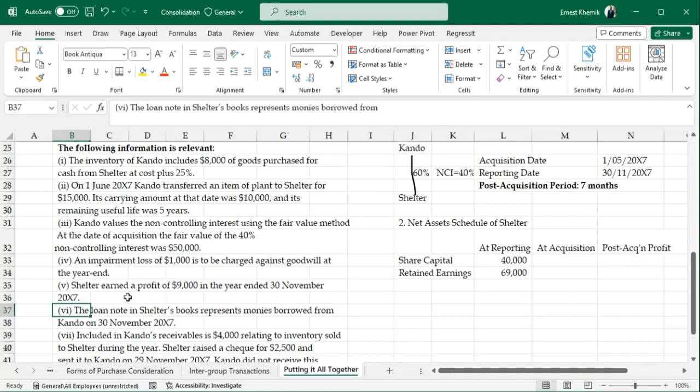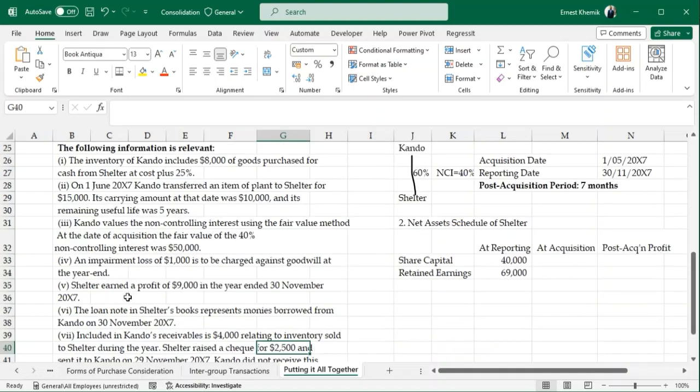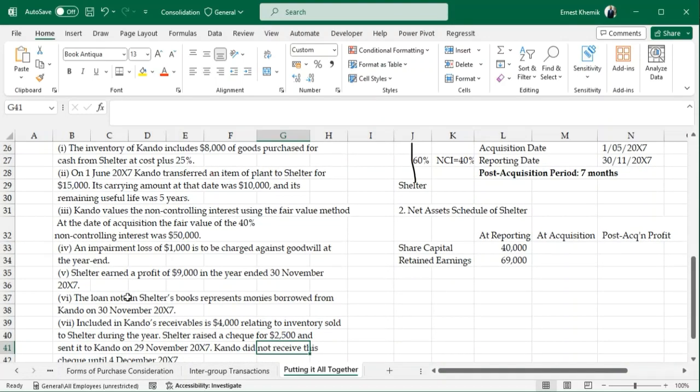The loan note in Shelter's books represents monies borrowed from Kandu on 30th November 20x7. So when we go to the separate financial statements, in the non-current liabilities we see a 20,000 here, and they are telling us in the notes that it was borrowed from the parent.